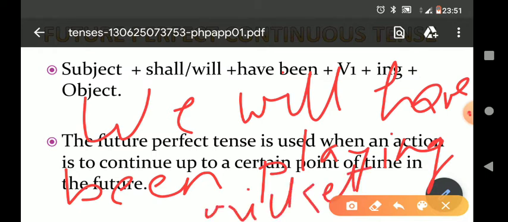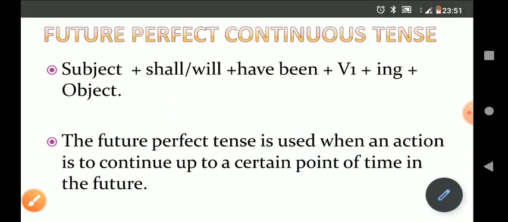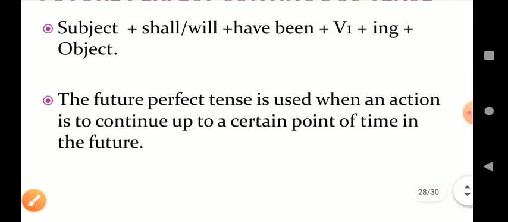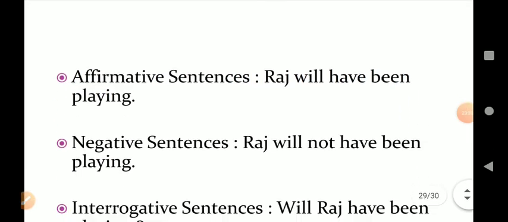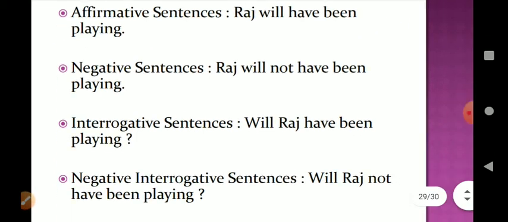Will have been playing cricket. Now subject plus shall/will plus have been, everything is covered here. Means this is showing when an action is to continue up to a certain point of time in the future. Means any action which started in the present and will continue in the future also till some time. This is known as future perfect continuous tense. And again you are seeing the examples here.